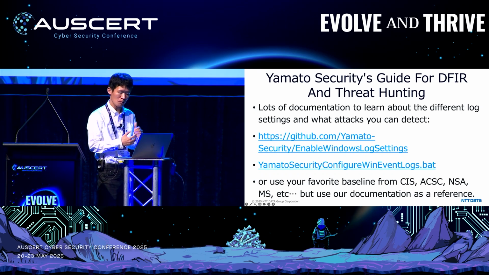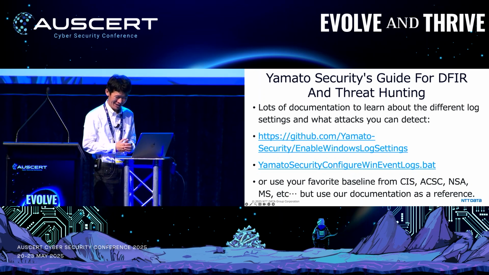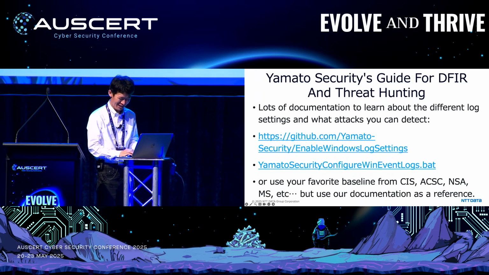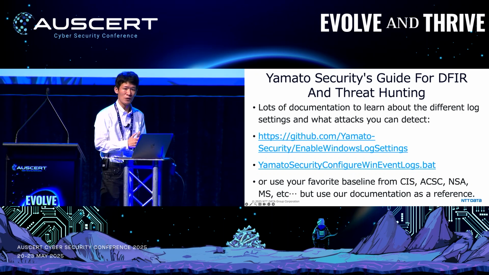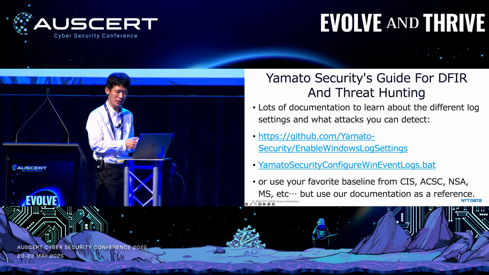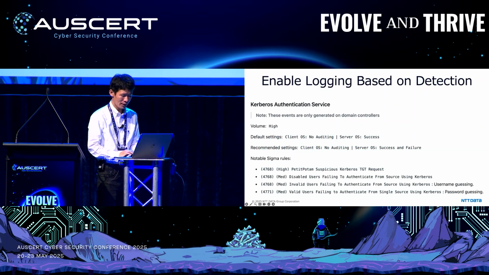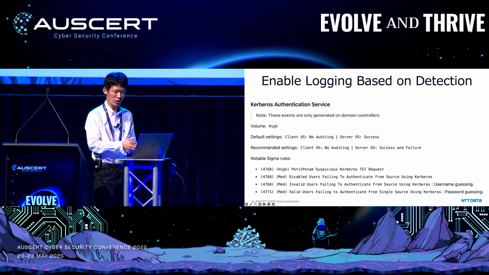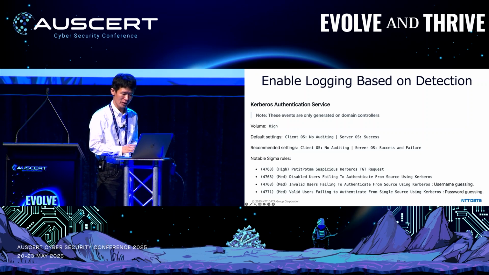We also published a batch file on GitHub called Yamato Security Configure Win Event Log Bat to help you easily improve your settings. Feel free to customize and use it for your environment. This is a screenshot of a section from the Yamato Security guide.